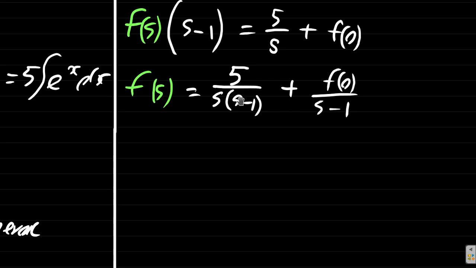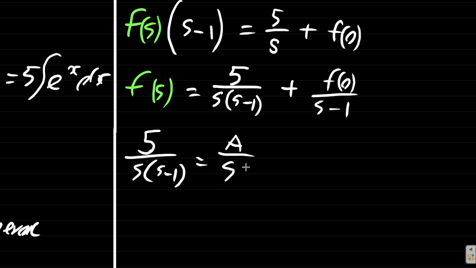But this one, the 5 over s minus 1, we have to use partial fractions on it. So here, what we say is that 5 over s minus 1 is equal to, I want to break it up into two parts: A over s plus B over s minus 1.